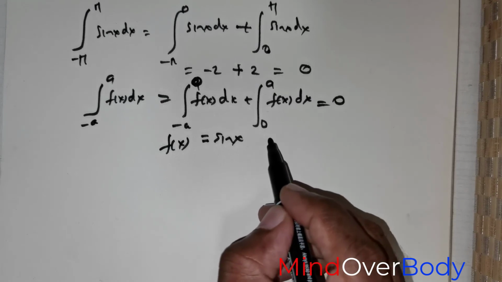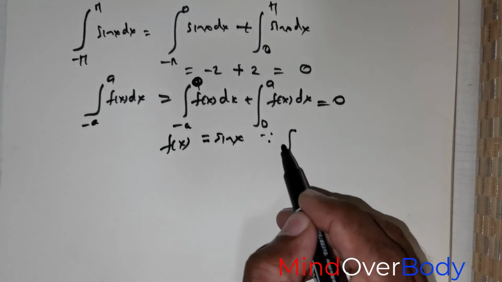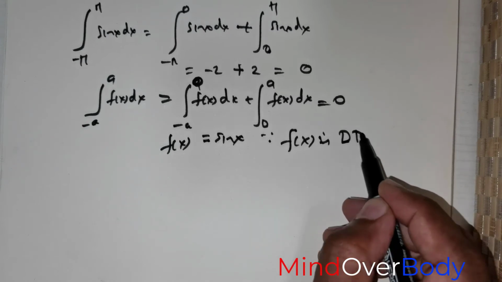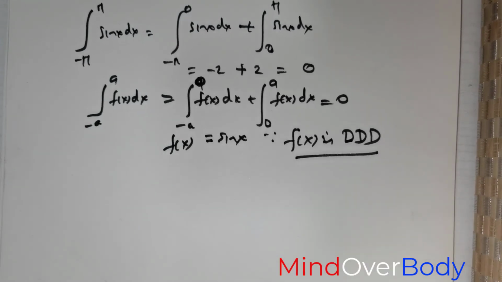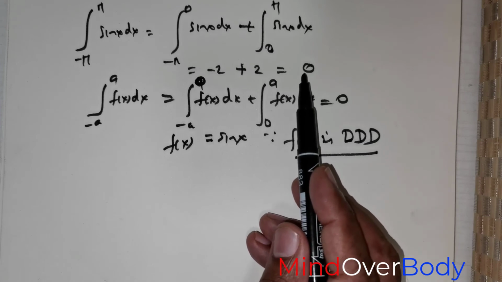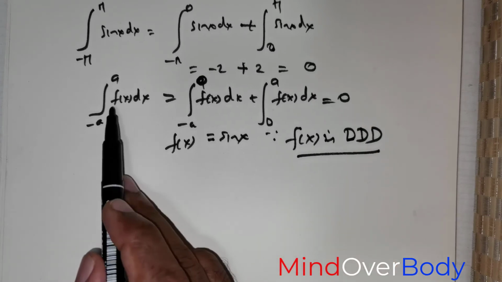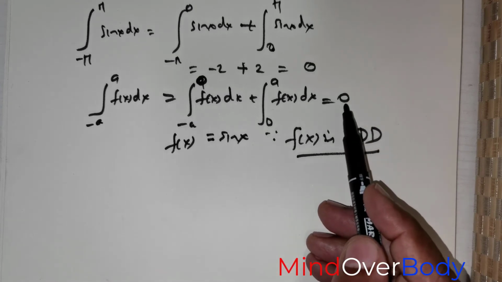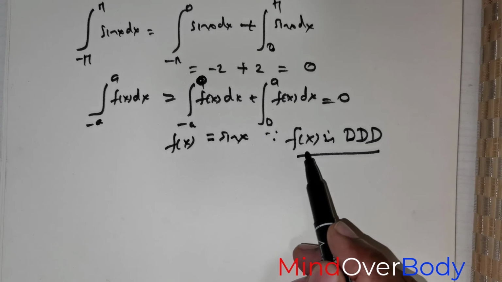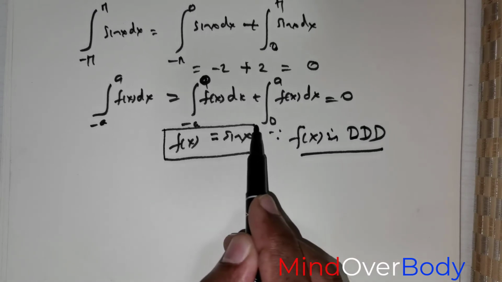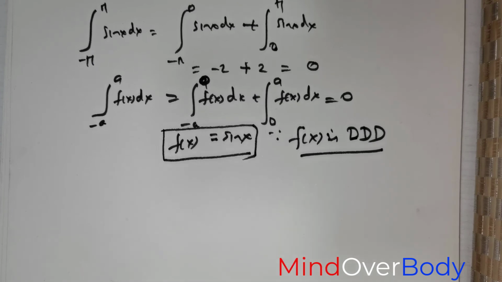Now sin x is the popular example for a function which is odd. Have that in mind. Now since f of x is odd, we got this outcome, and we just saw this outcome. So this would mean integral negative a to a f of x dx will produce 0 whenever we are dealing with a function which is odd.